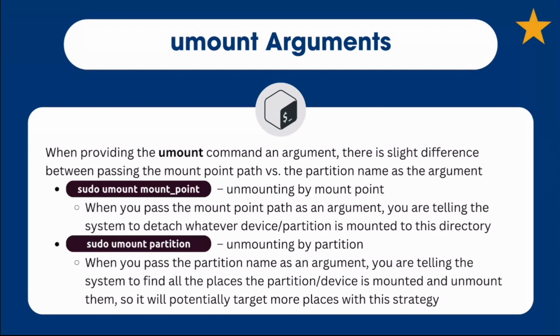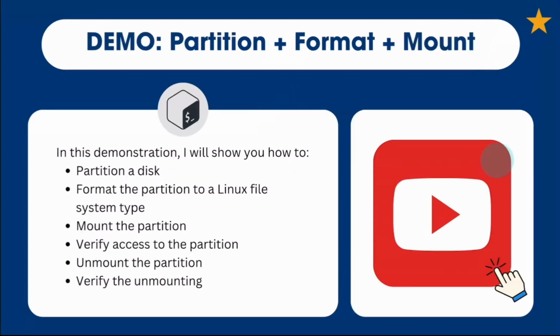When you give it the mount point, you're telling it to detach whatever partition is mounted to that directory. When you just give it the partition name as the argument, it's going to look for all the places that it's mounted. So potentially it'll target more places. It does the same thing, but it'll have a different area of coverage essentially.